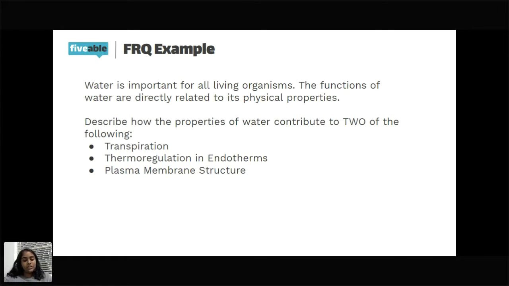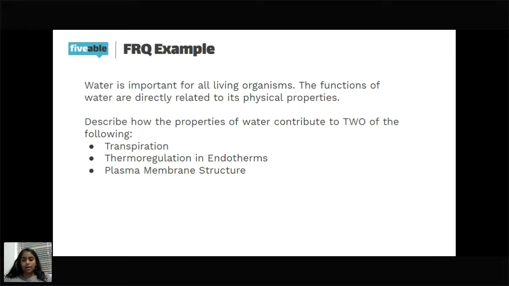So transpiration is the movement of water from the roots of a plant to the leaves where it can be used in photosynthesis. And so in this, capillary action is used to pull water up through the xylem and phloem, and it goes to the leaves and it can be used there.